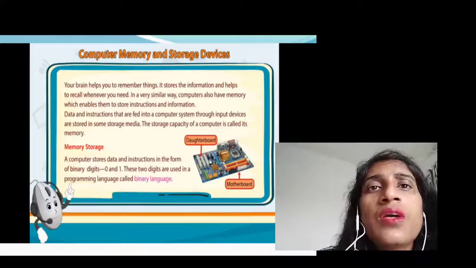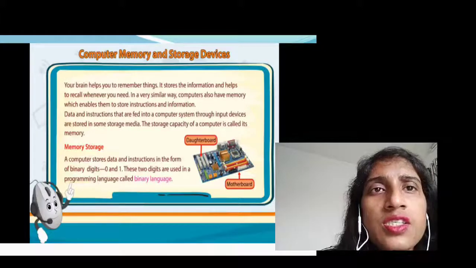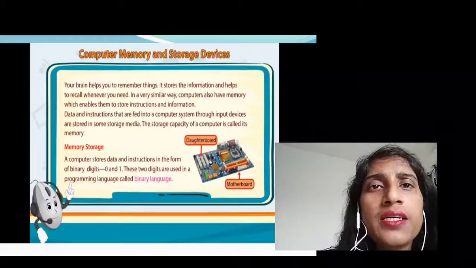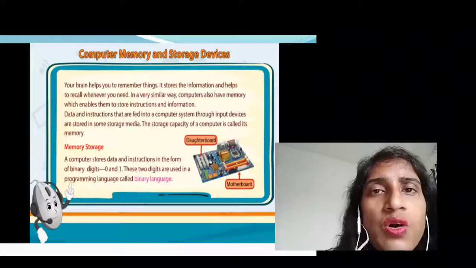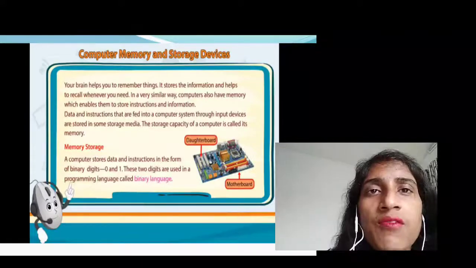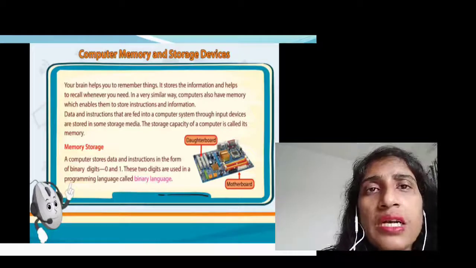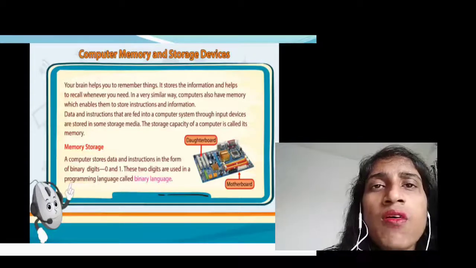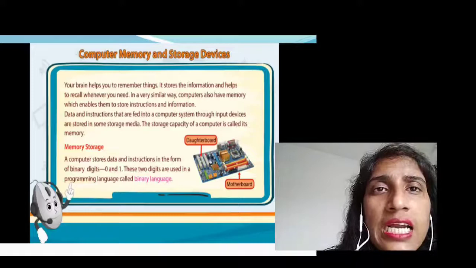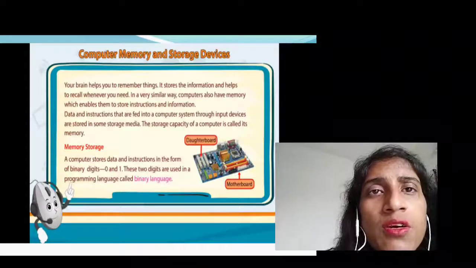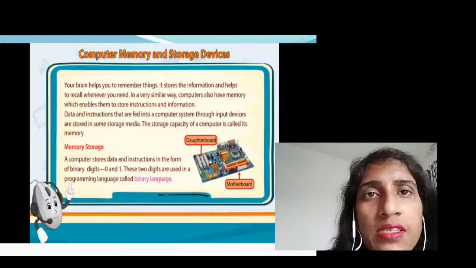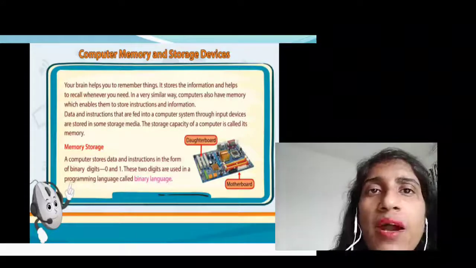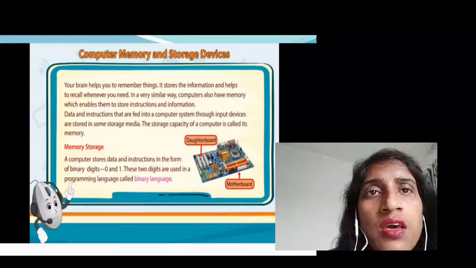Okay, so what is memory storage? A computer stores data and instructions in the form of binary digits. Binary digits means 0 and 1 form. 0 and 1 are bits. I already told you students that a computer only and only understands machine language, which is formed in binary language and works in the form of 0 and 1, which is called the bit.